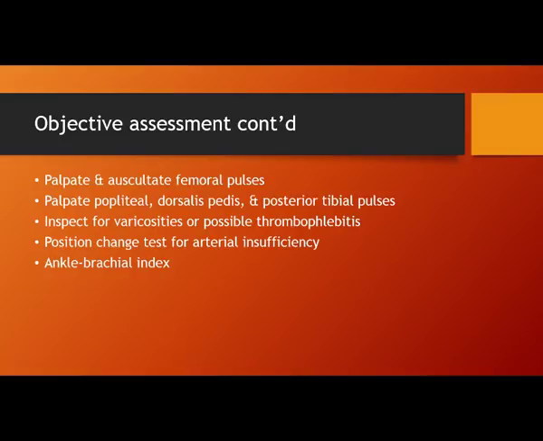Then dorsalis pedis, on the dorsal or top aspect of the foot, and posterior tibial, on the medial aspect of the ankles. I frequently see students trying to find it on the outer ankles, and you'll never find a posterior tibial there.